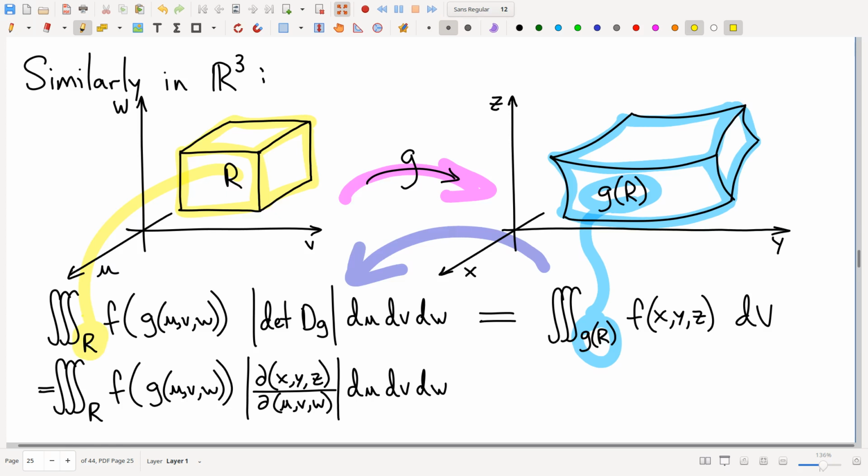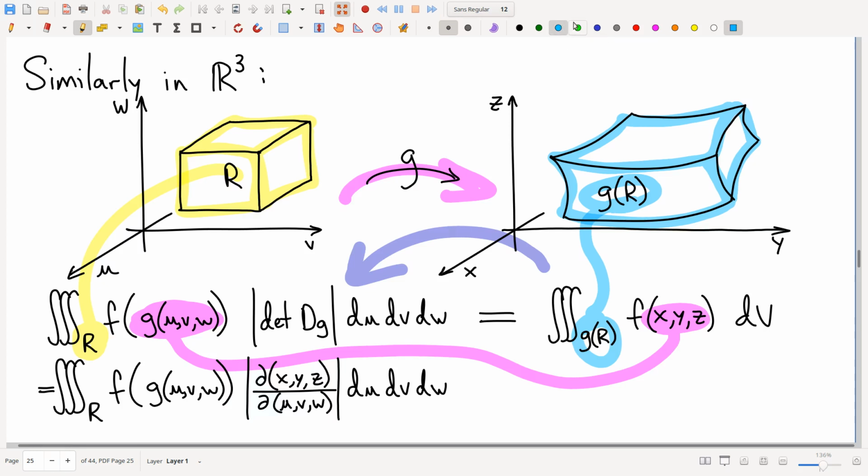All I've got to do is plug in. The easy part of the plugging in is x, y, z is g of u, v, w. That's what the change of variables function is. I'm literally just plugging in; this will give me formulas for x, y, and z in terms of u, v, and w. I then just have to worry about pieces of area.